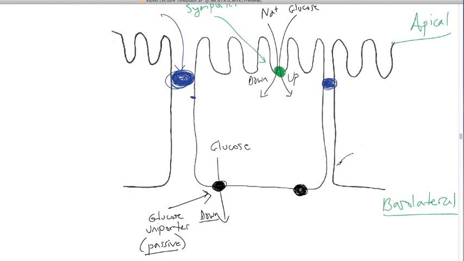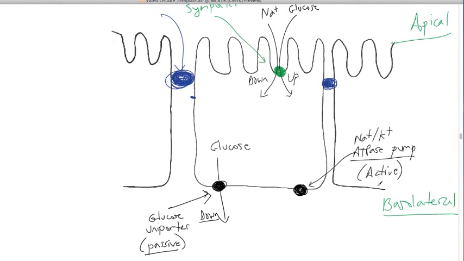I'm going to label it from over here. This is the sodium, potassium, ATPase pump. Now, ATPase pump means it's active transport, okay, which means it's moving some molecule against its concentration gradient, and the energy coming from that is from the hydrolysis of ATP.